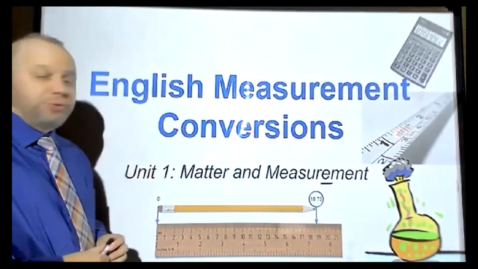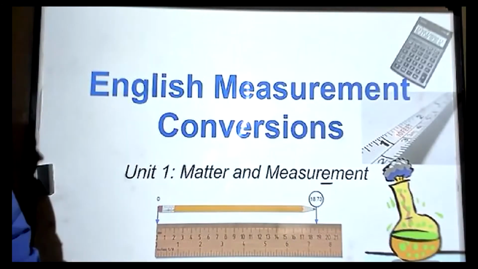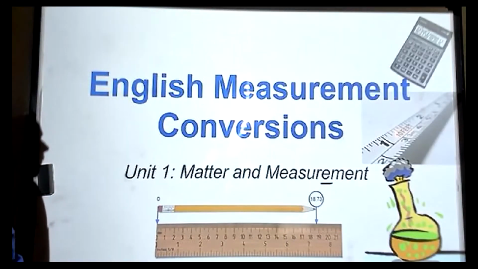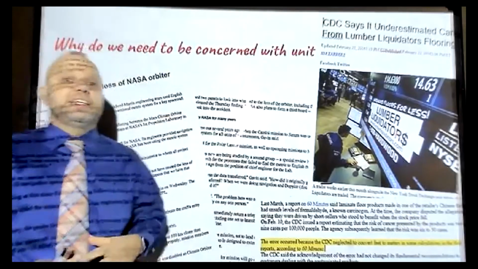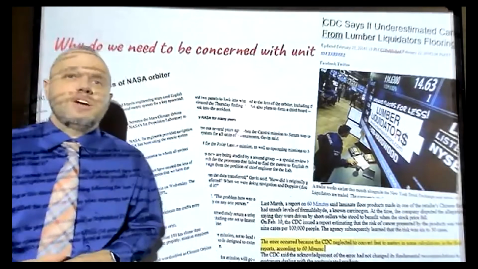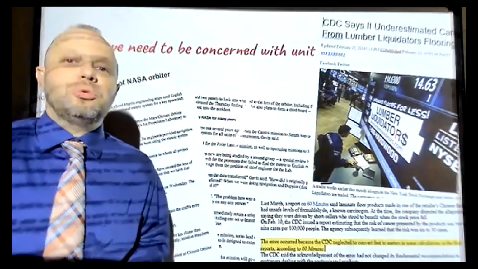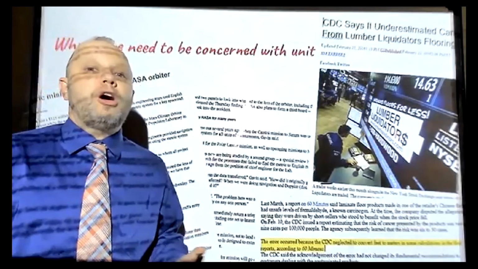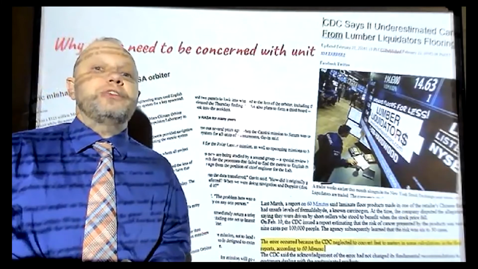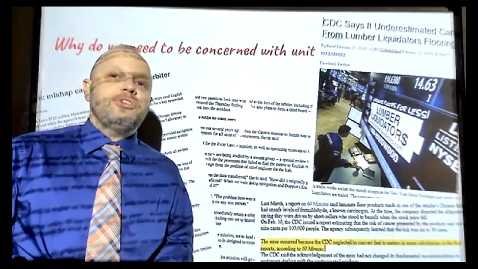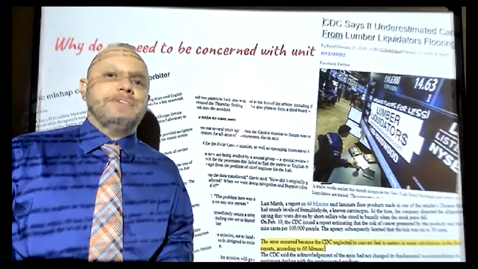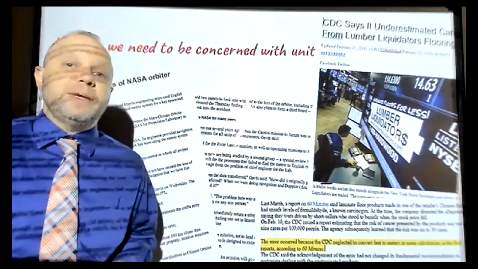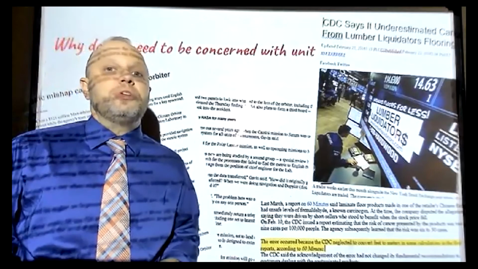So, if we take a look at our first slide, you'll notice a bunch of writing here. I've posted a few articles in your folder about what can go wrong when you don't convert units properly. In the first article, I shared a story about a Mars orbiter that NASA had sent up into outer space as one of the first missions to Mars.